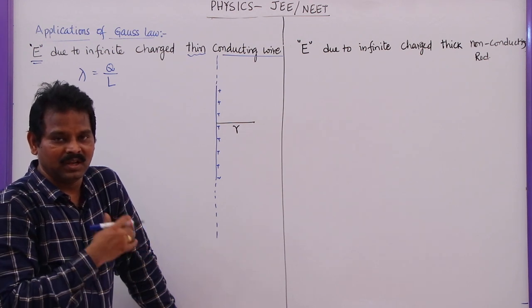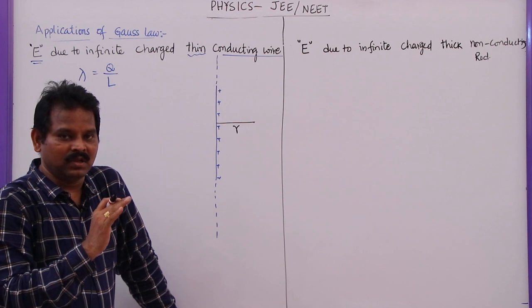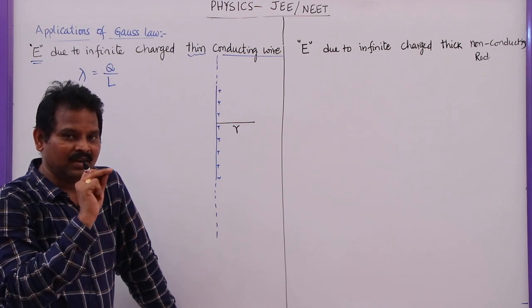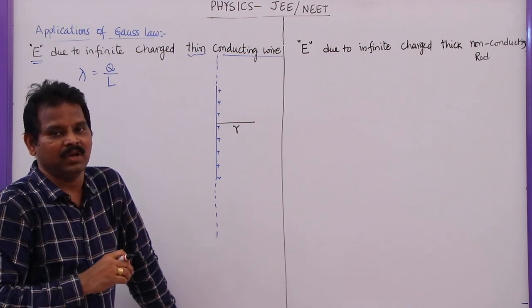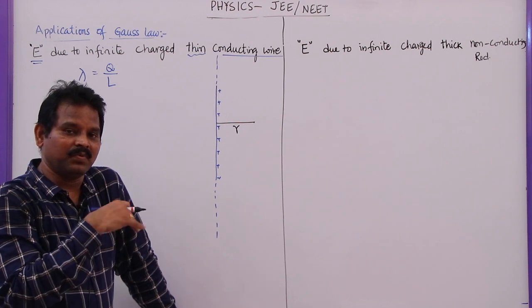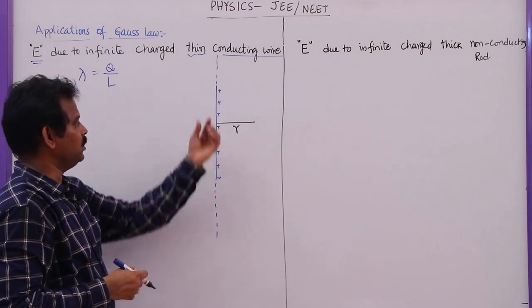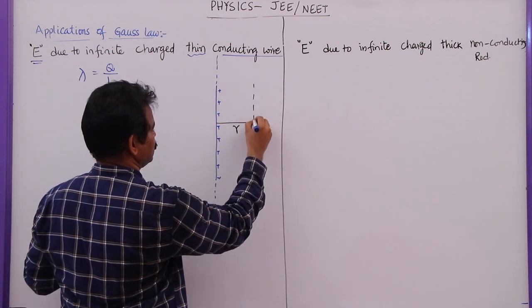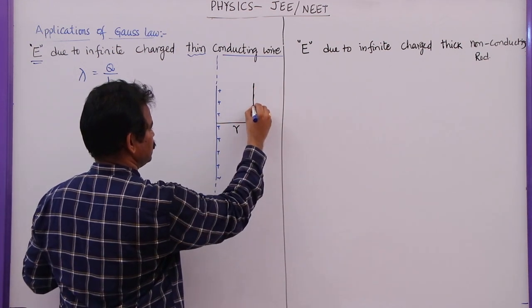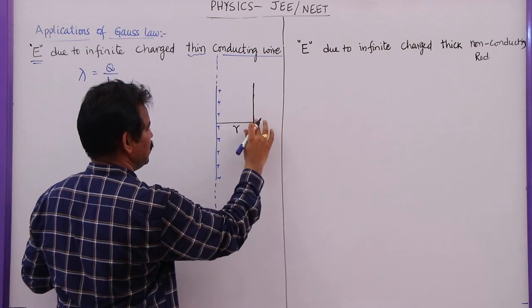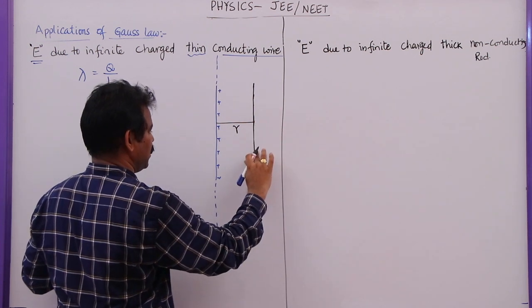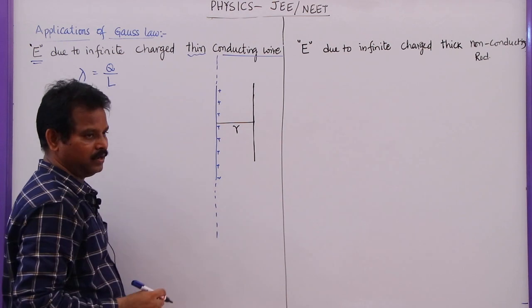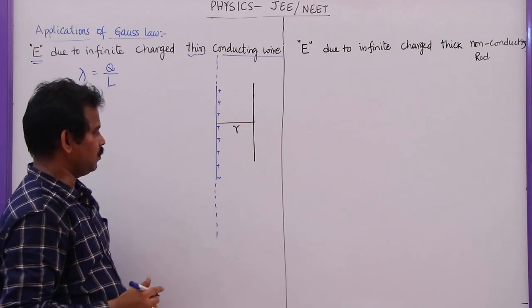As we discussed earlier, the Gaussian surface should not pass through a single or discrete amount of charge, but the Gaussian surface can pass through the charge distribution. Here charge is distributed linearly. So now I am going to construct one Gaussian surface here, like this, and the condition is the Gaussian surface should pass through the point where we wish to find out electric field.